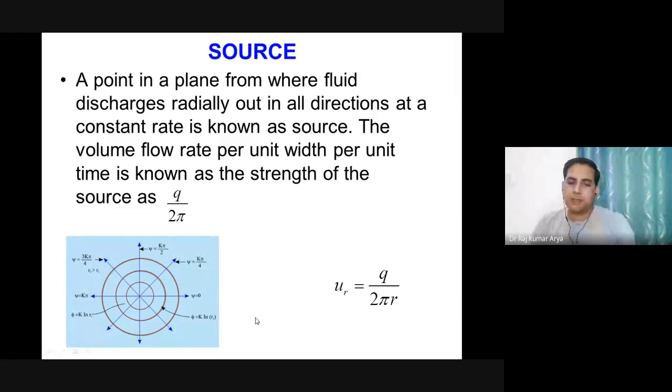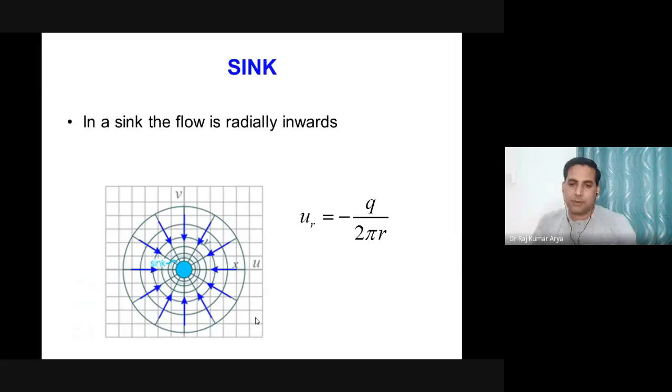If you invert the direction of this flow, then it will become the sink. So in case of sink, the flow is coming completely inside, and the only thing is your direction of velocity is now reversed, with the minus sign only. The strength is again the same, q by 2 pi. So these are two simple examples of source and sink.